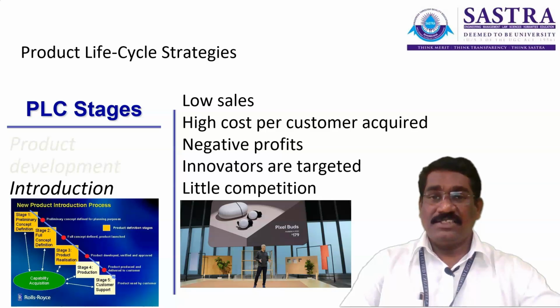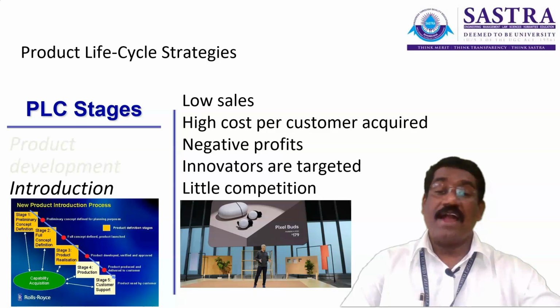In this stage, you are trying to launch the new product in the market, and naturally during the product launch, the sales will be literally low, and there is also a high cost per customer acquired.